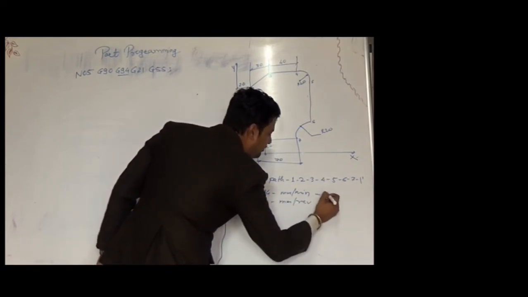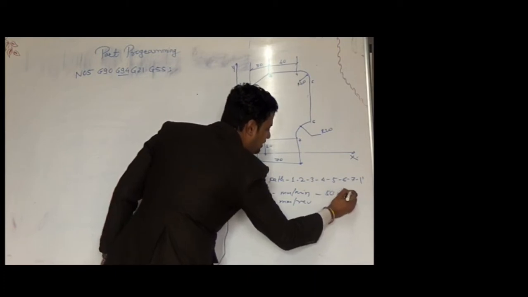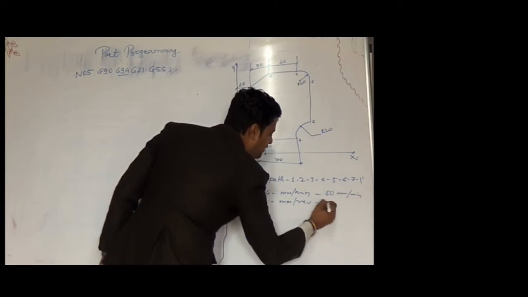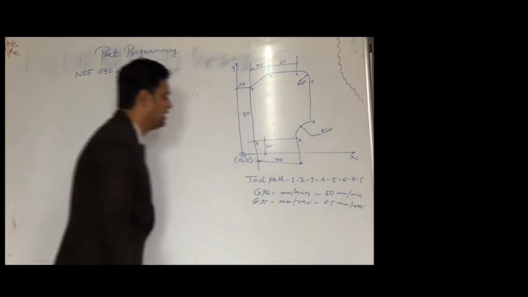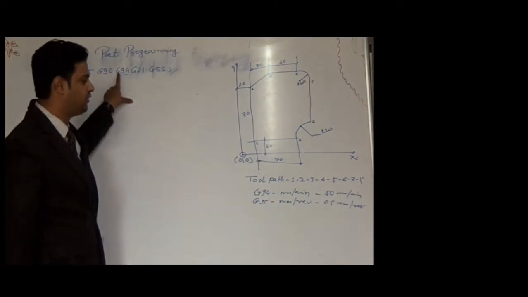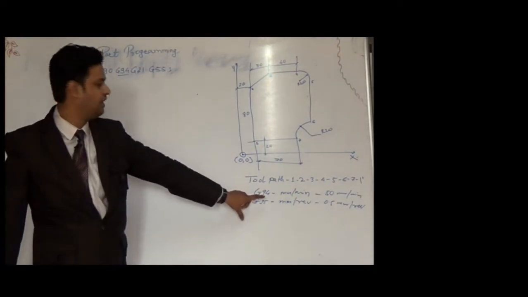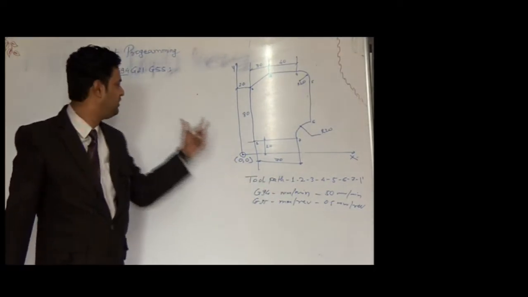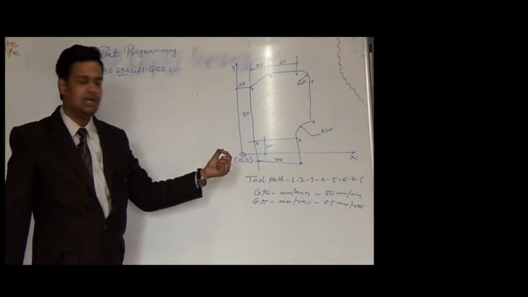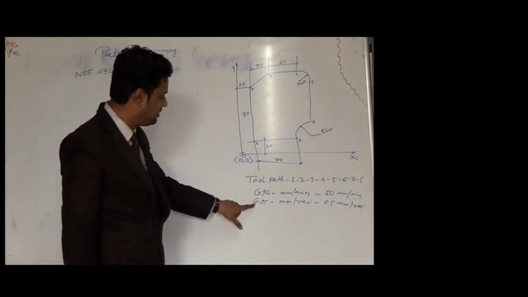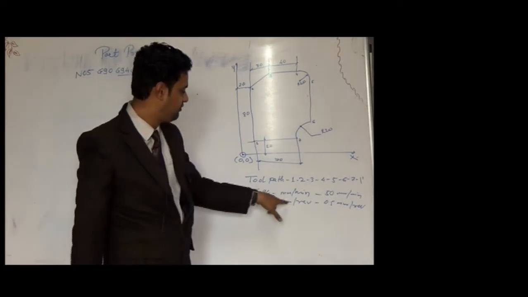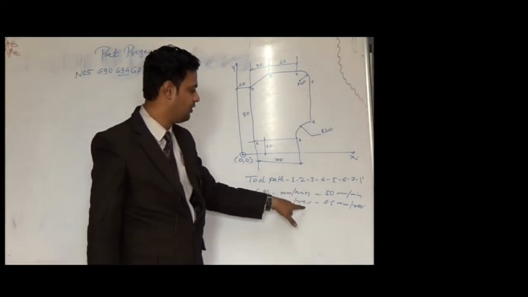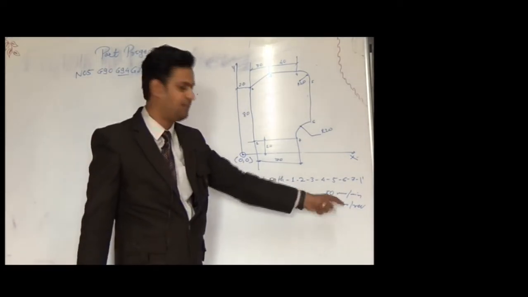Suppose the feed is 50 mm per minute with G94; and if I am using G95 in this block, then the feed is in mm per revolution, that is 0.5 mm per revolution, suppose.